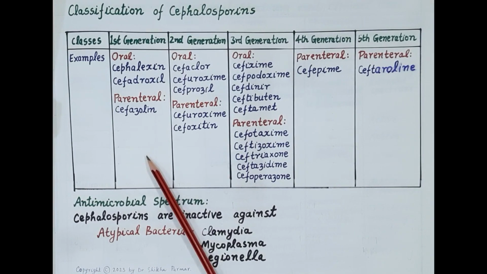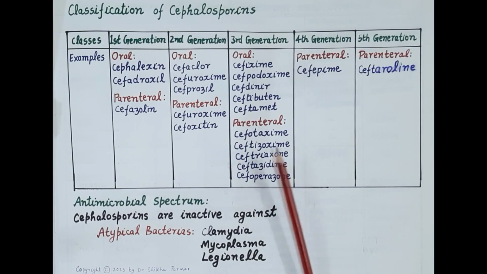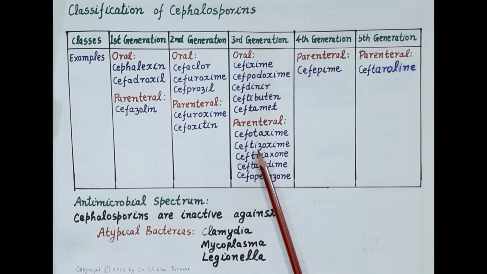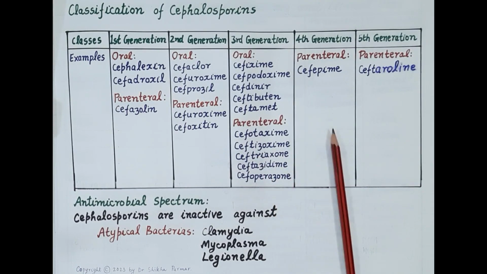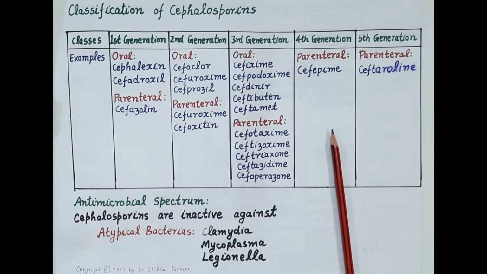Now, as we move from first generation onwards, there is increase in activity against gram-negative bacteria. Now, third generation cephalosporins are the most commonly used for gram-negative infections. Then the fourth generation cephalosporin, that is cefepime, exhibits excellent activity against gram-negative bacteria.